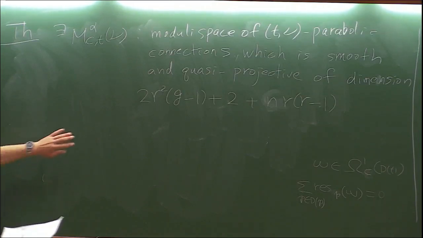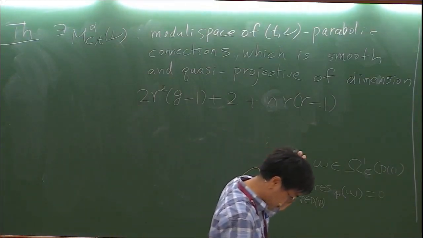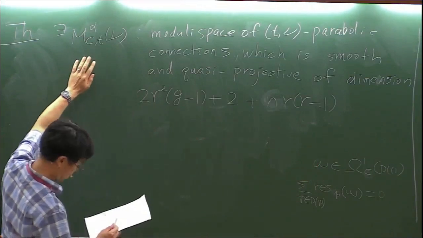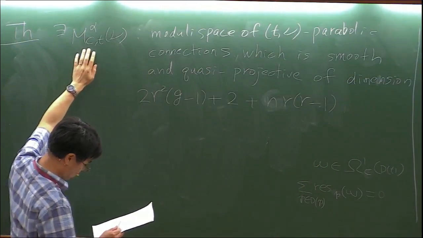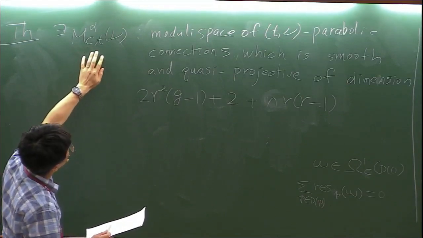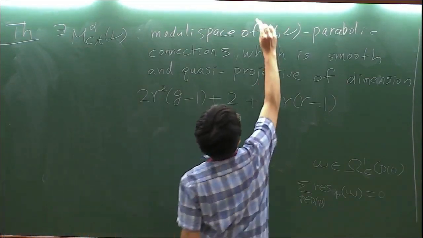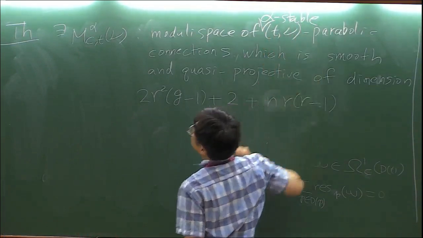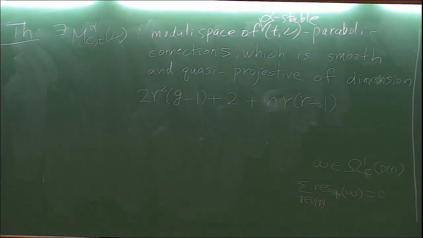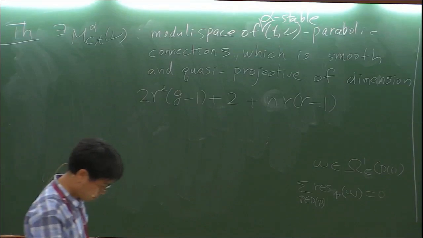And as in the previous question, we construct this moduli space of alpha-stable parabolic connections by a certain GIT construction, and for the construction of the moduli space, we should consider stability.